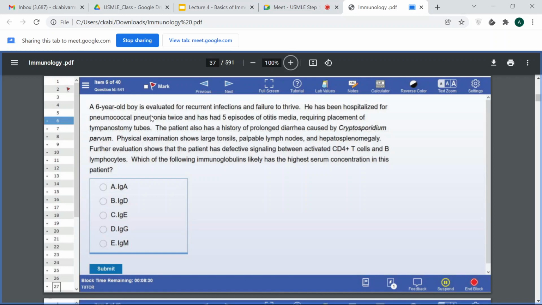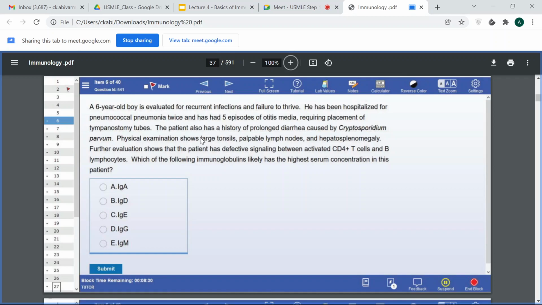So your respiratory mucosa is involved, and your middle ear is also involved. Those are some specific things to take note of. And also history of prolonged diarrhea, so your GI mucosa is also involved.